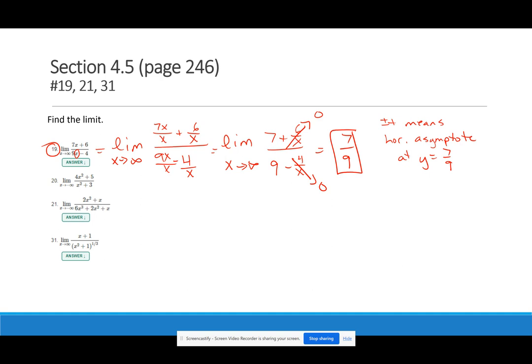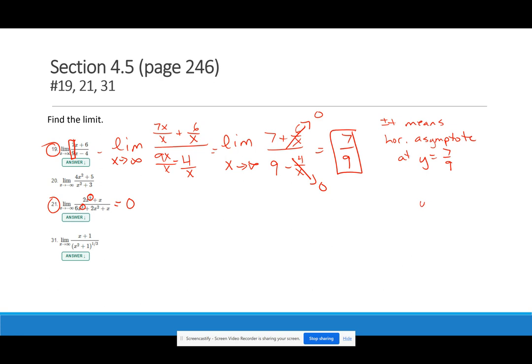Now the shortcut was, if the degrees were the same like they are there, you could take the coefficients out in front. If the degrees are the same, you can take the coefficients out in front. So y equals 7/9. All right, let's look at 21. See how the degree on top is 2 and the degree on the bottom is 3? That means when you plug in negative or positive infinity, this one's going to go to 0.